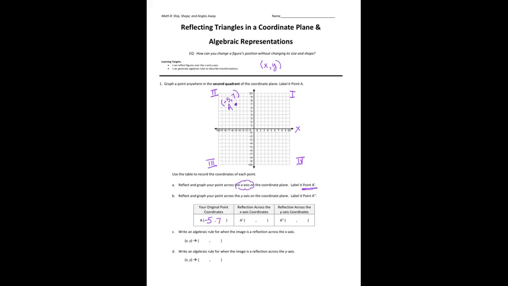Right here, this point A is 7 units above the x-axis, so our new point A prime will be 7 units below. So I'm going to stay right where x is -5 and count 1, 2, 3, 4, 5, 6, 7. So this will be my new point, and I'm going to label it A prime.